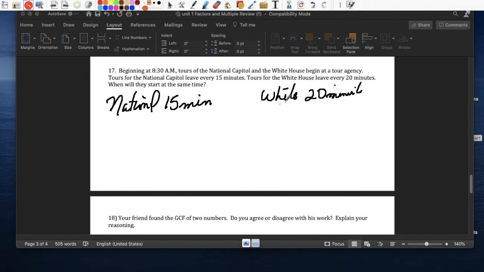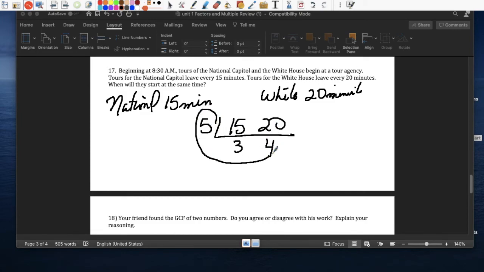But at what time would they have the same tour starting at the same time? So this is an LCM problem, right? So we can go 5. 5 goes into 15 3 times. 5 goes into 20 4 times. LCM is 5 times 3 times 4, and 3 times 4 is 12, so 60 minutes.